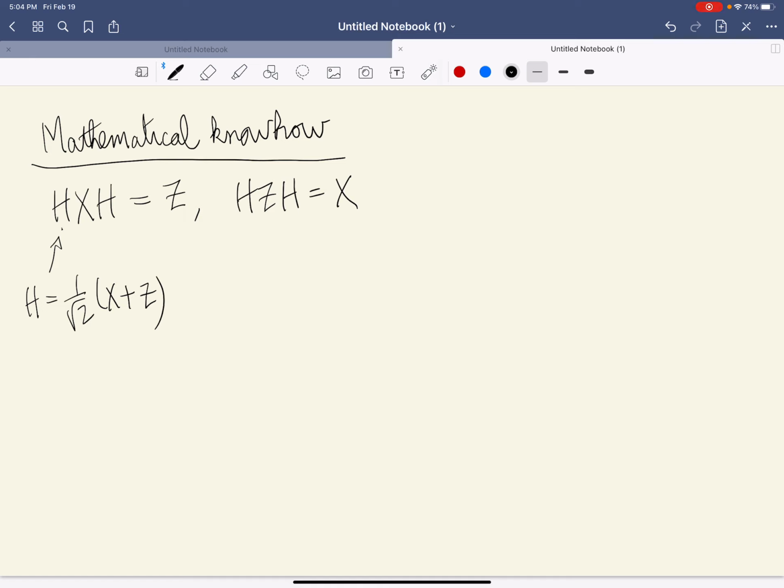Okay, so now by implication, when you do a Hadamard on the second qubit, leaving the first qubit unchanged, then the action of such a unitary operation on the Cnot would be this. So this is a unitary transformation on the unitary matrix.